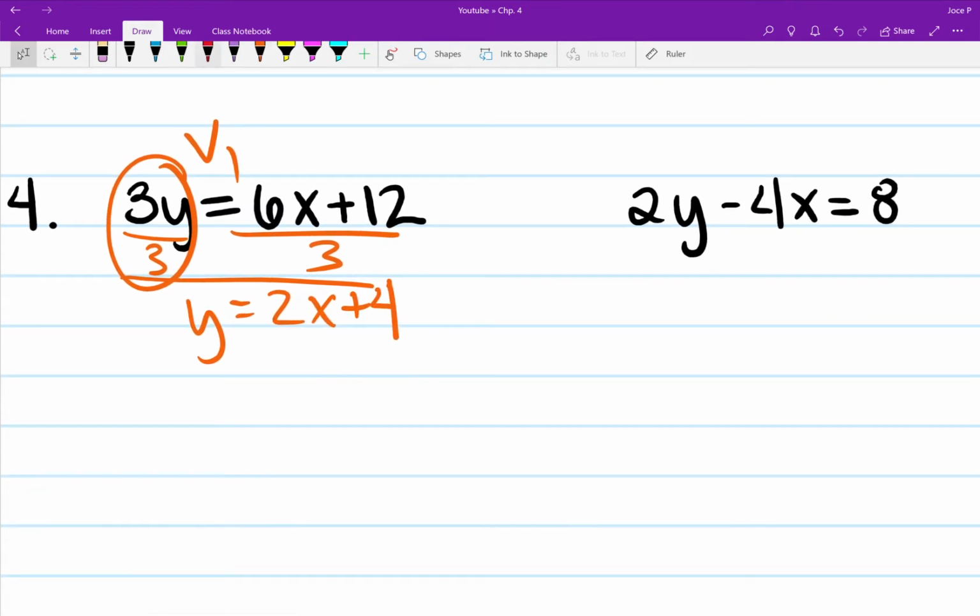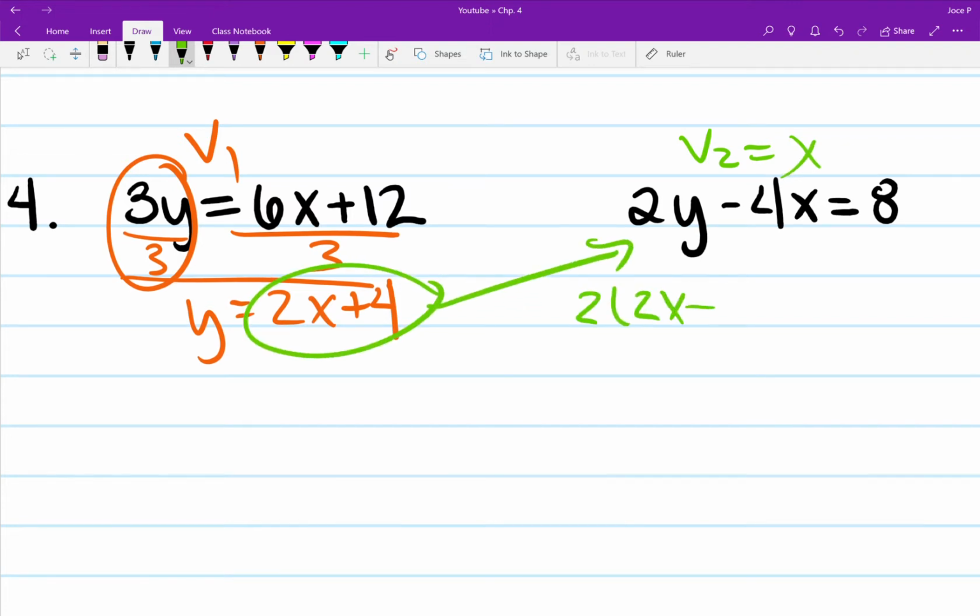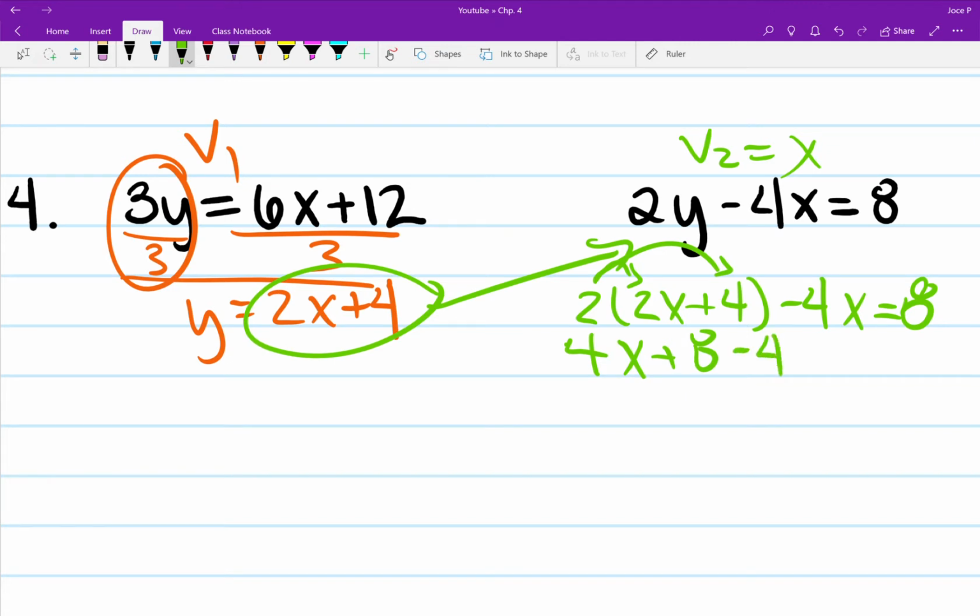Cool. Now we're going to try and solve for v2, which is going to be x, by putting this over here. 2 times 2x plus 4 minus 4x equals 8. Distributive property, remember. 4x plus 8 minus 4x.